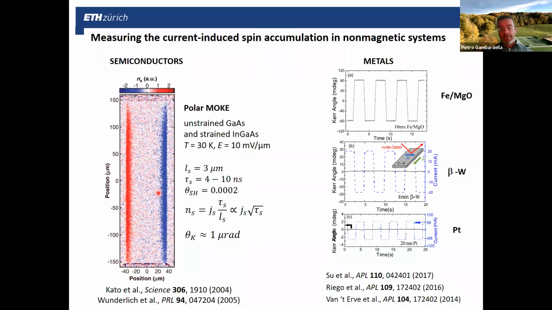So that's why in metals, this type of experiment is more difficult, but there were many indirect measurements of the spin Hall effect, for example, in platinum by measuring the changes of magnetic damping induced by a current in a bilayer comprising a platinum and a magnetic layer, or the so-called spin torque ferromagnetic resonance effect.